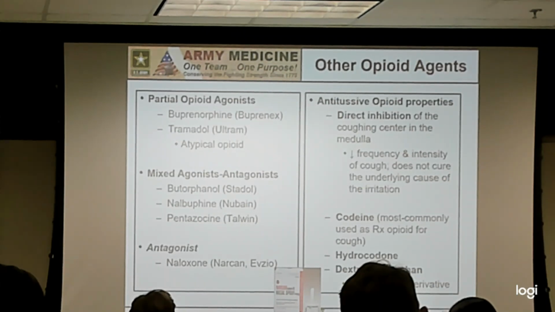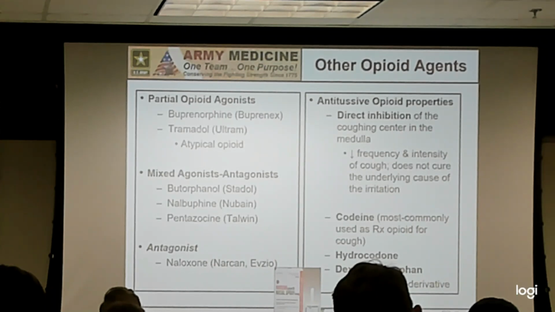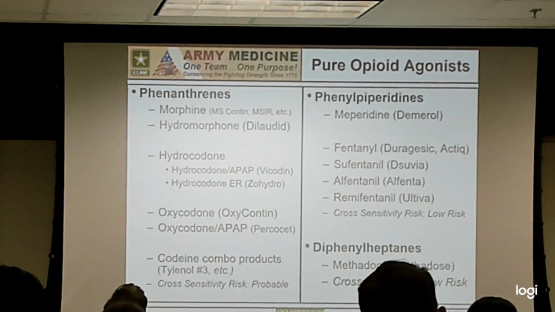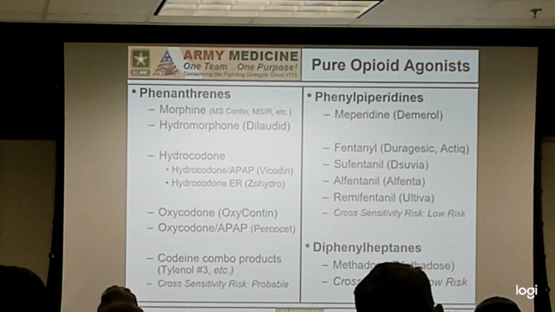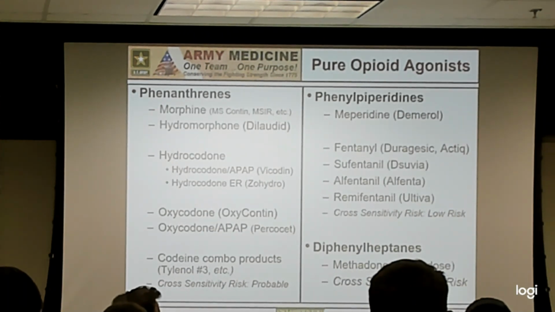Yes, you can give naloxone for an overdose in someone who has a mixed agonist or a partial opioid agonist, but it doesn't necessarily mean that it's going to fully reverse those effects. In a pure opioid agonist, so any of these, you will get a full reversal. It may take several doses depending on how much that patient had. You may have to administer it more than once, but you will get a reversal.